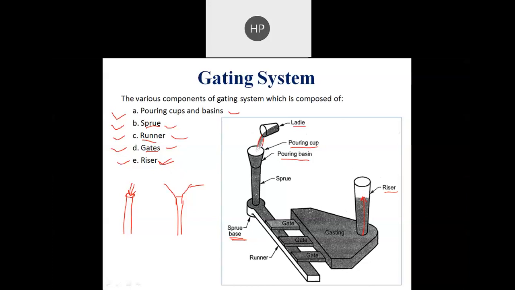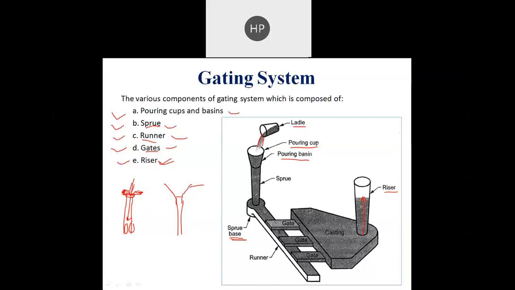So there will be a chance that the flow of the metal may go here or even here. And a second possibility is that if the flow goes directly inside, then due to the higher velocity of this molten metal, it may erode your sand.